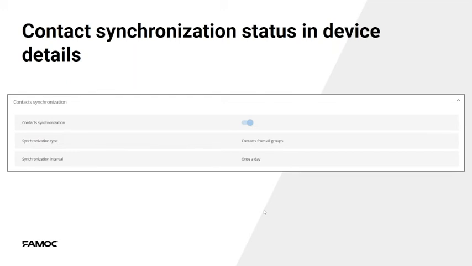And the next two rows show the synchronization type, for example, here contacts from all groups, and the synchronization interval. This is a slight improvement that allows you to see the status of the synchronization from the device details view. So you don't have to check the policy and go through all the settings, but from now on you see that the contact synchronization is on or off on the device, with the status and with all the settings.